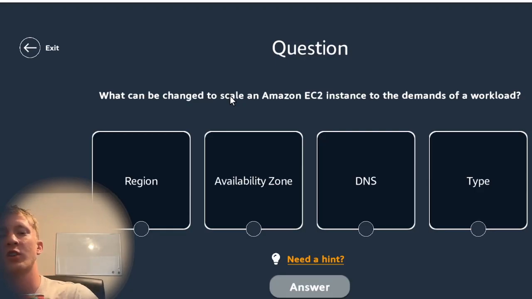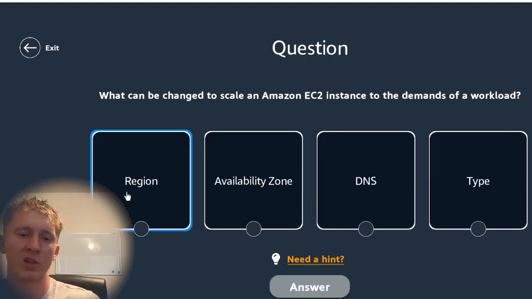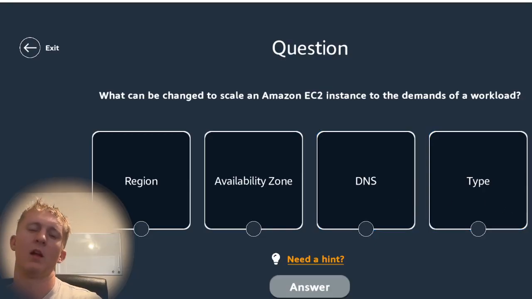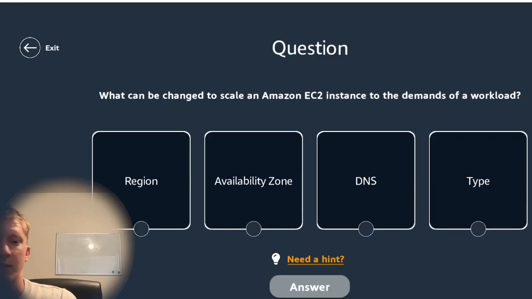What can be changed to scale an Amazon EC2 instance to the demands of a workload? Region, availability zone, DNS, or type? Well, when we're talking about Amazon EC2 instances, DNS just doesn't make any sense whatsoever. So let's get rid of that. And now the other keywords we're talking about are demands and scale. You can't really scale to a region.